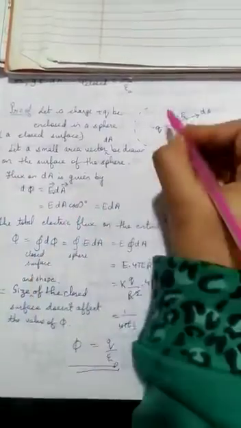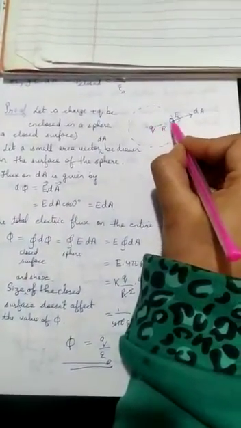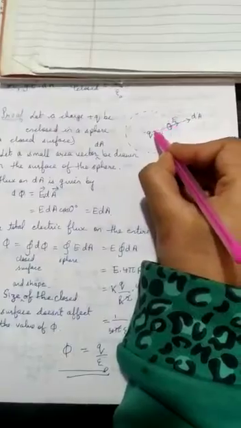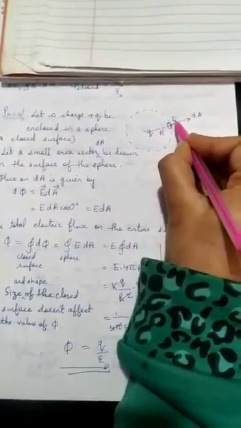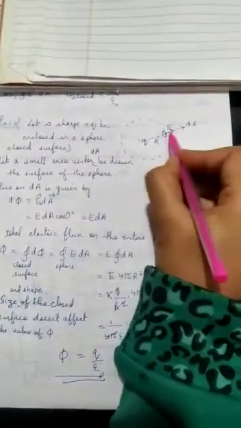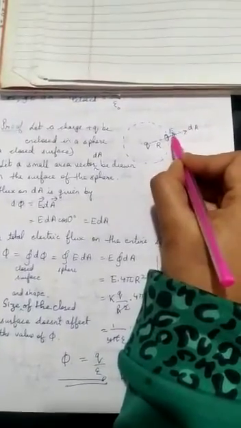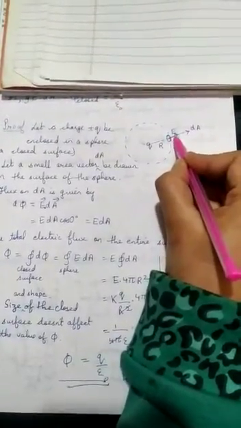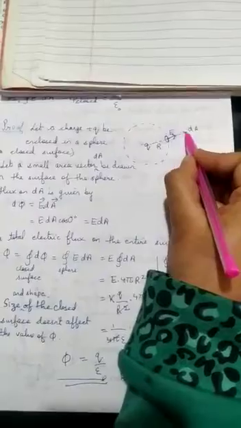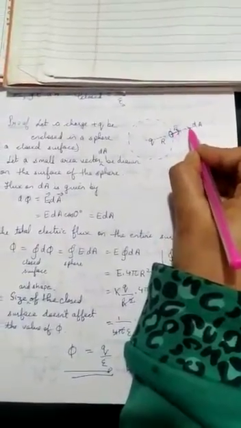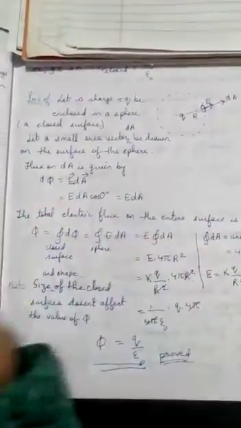In our case, you can see here, in a closed surface, if it is uniform, the electric field will always be directed radially outward. So if it is directed radially outward and the area vector is also directed away from the surface, they are in the same direction, so the angle between them will be equal to 0 degree.